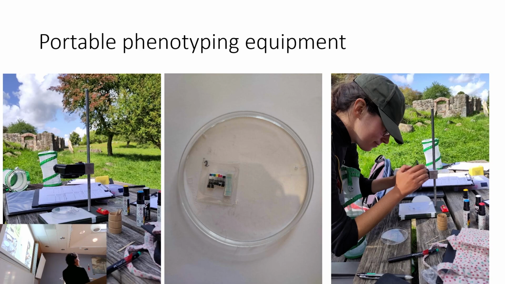Then we have taped some white paper, so we have contrast when we take the pictures. This we can bring to the field, and it's much cheaper than the off-the-shelf solution. And then we have this Petri dish with a color reference and a size reference.